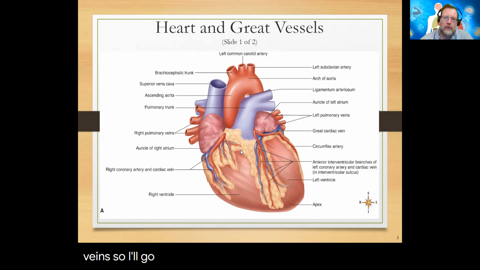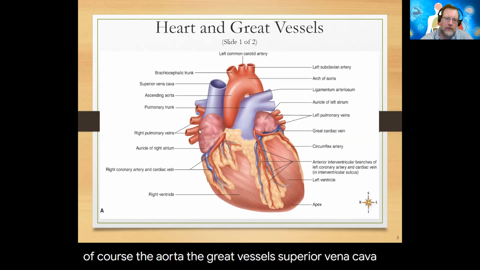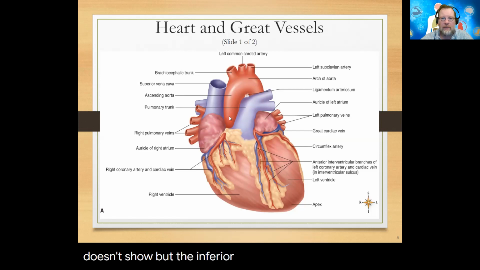So I'll go through those in a little more detail today. But of course, the aorta, the great vessels, the superior vena cava doesn't show, but the inferior vena cava, both coming into the right atrium.